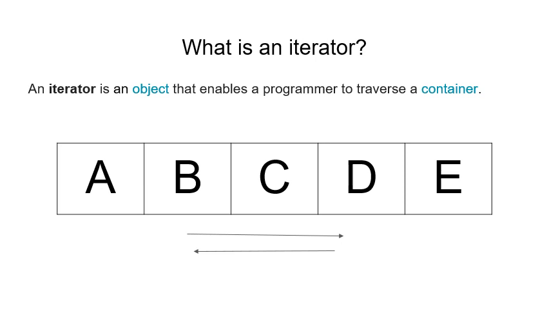In other words, the iterator fulfills the client's need to loop through a container without exposing the underlying representation. Iterators allow us to loop either forward or backward through the container, but we have to start at one end or the other, in this case either A or E, unless we have a reference to another element from a previously used iterator loop.